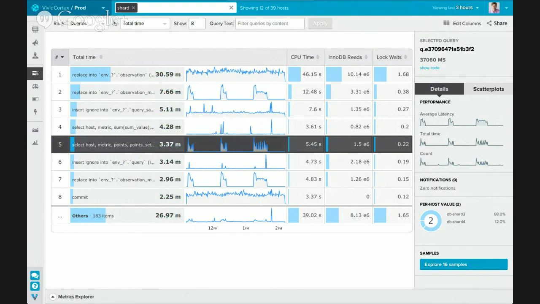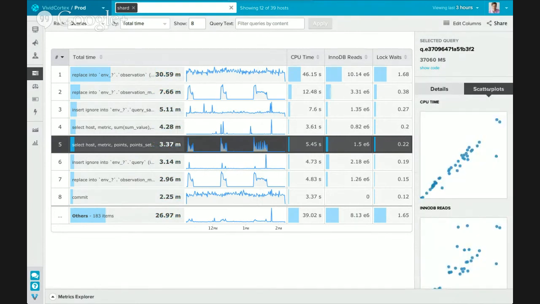But what we've done is we've created scatter plots just like the ones that I've shown you in that slide. And you can switch from the details to the scatter plots in the right-hand column, and you can see whether there's a strong relationship between the metric of query time in this case and the metric that we're splitting apart. Each of these columns gets its own little scatter plot. So we have one scatter plot for CPU time, which looks pretty clean and linear to me.